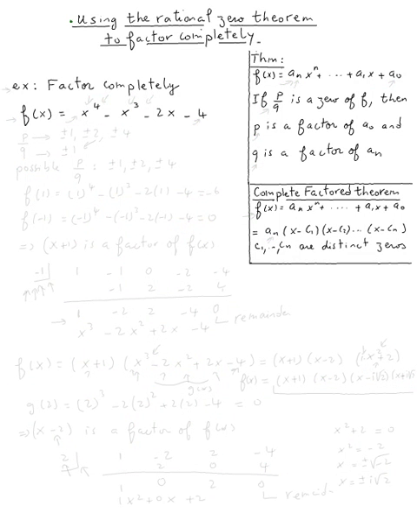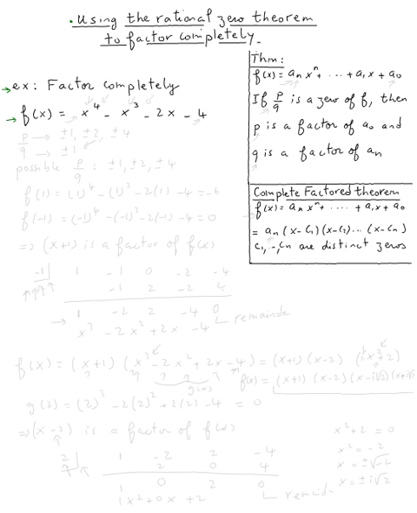The topic is using the rational zero theorem to factor completely. So let's do this example. Factor completely f of x equals x to the fourth minus x cubed minus 2x minus 4.